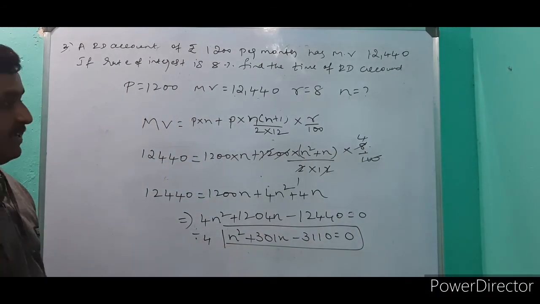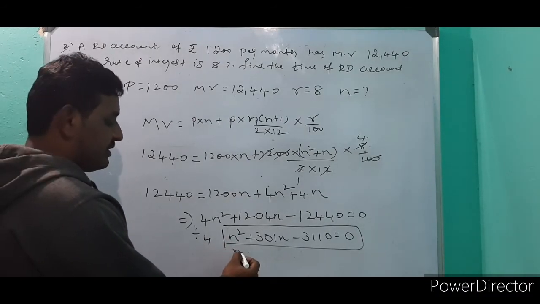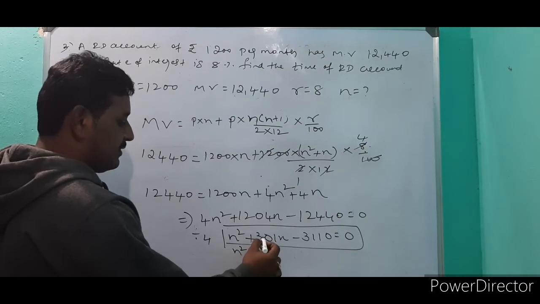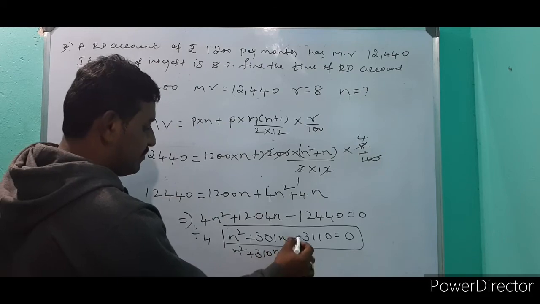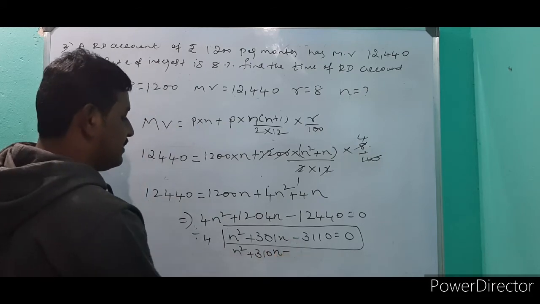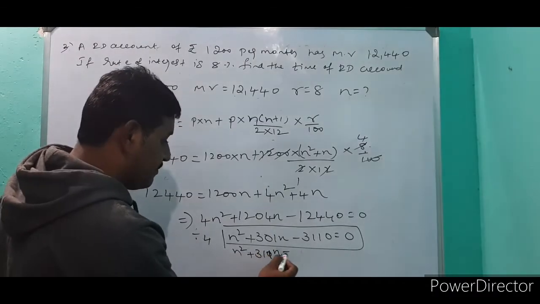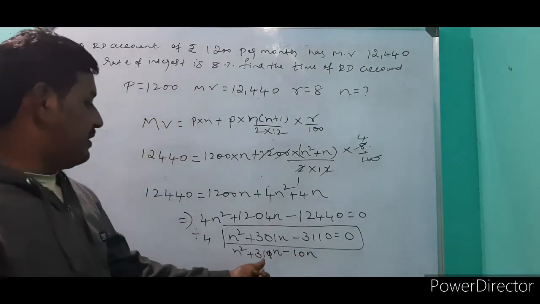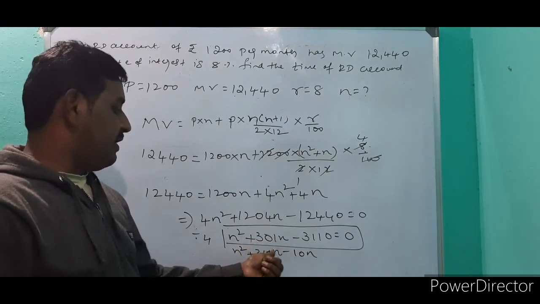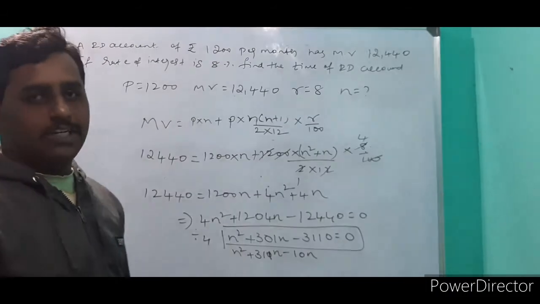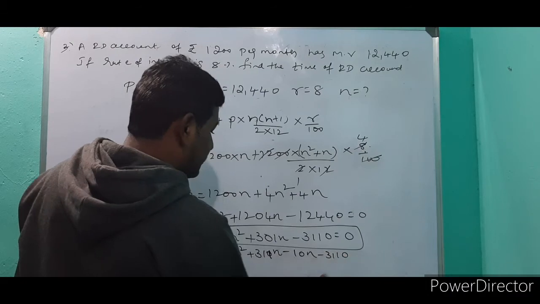For solving this quadratic equation, N square plus you can split into two forms, that is 311N minus 10N. 311 into 10 you will get 3110, minus 3110.